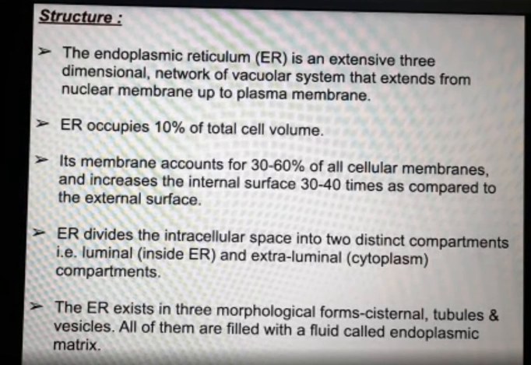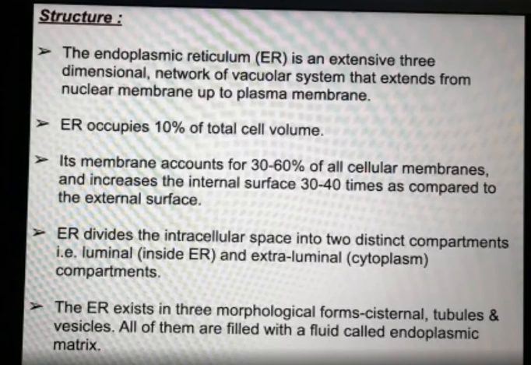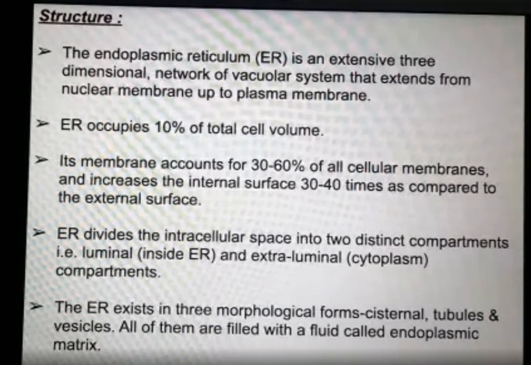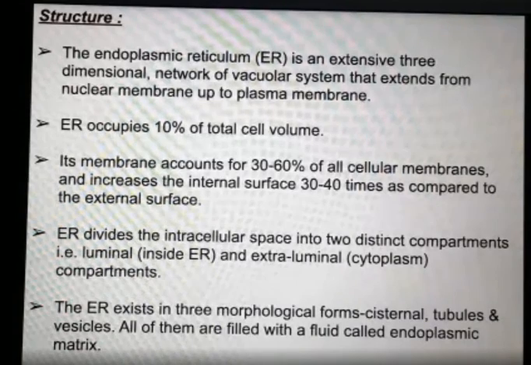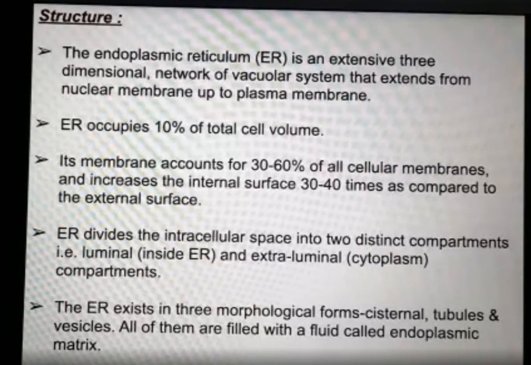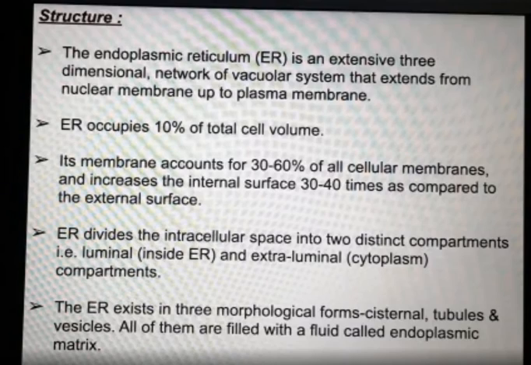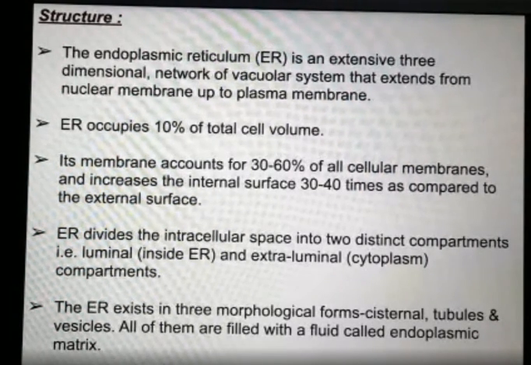If we recall the membrane of the nucleus, it was a bilipid layer of phospholipids. Two layers were present, and in between the two layers the perinuclear space was present. But here there is no such space. Whatever space is present is filled with a certain kind of fluid called the endoplasmic matrix.